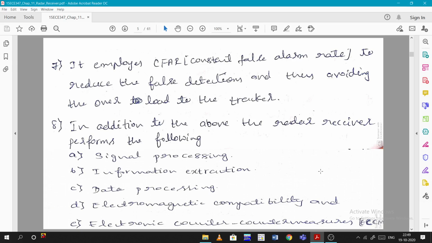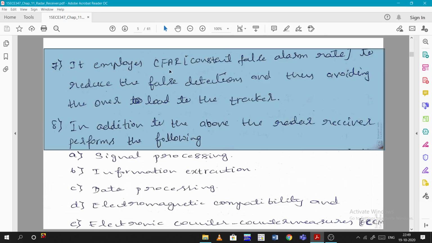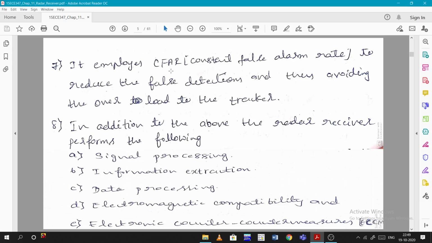Basically, using the probability of false alarm, with the timings, average time and so on, they use that model to predict and reduce the probability of false detection. The tracker does not need to have that much load, because we are already monitoring the time gap between the false alarms, by which we can automatically decide whether it is a false detection or not.